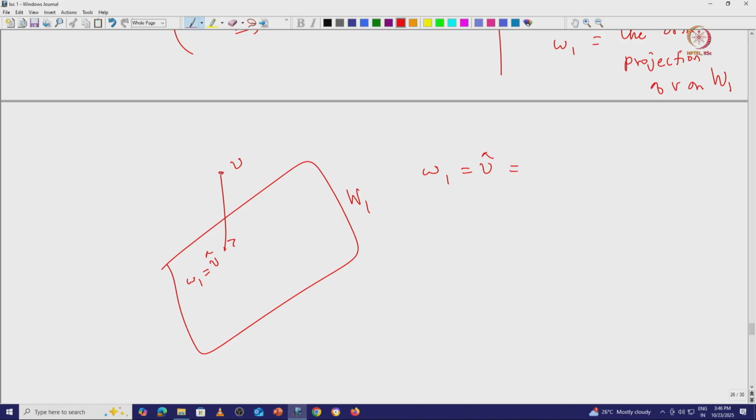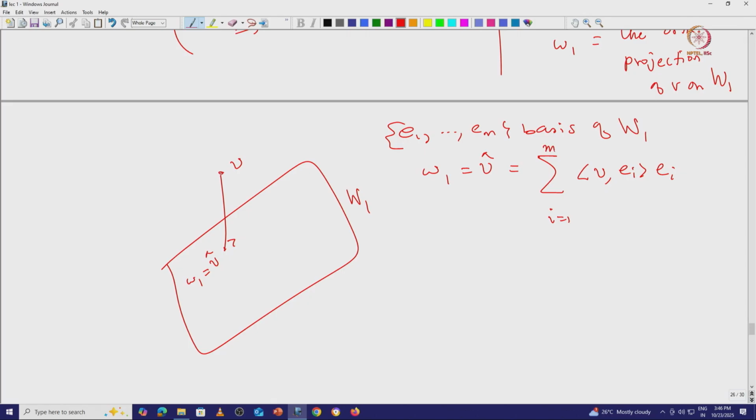How is this v hat defined? You simply use an orthonormal basis of W1 and write down v hat in terms of that. So, take e1 through em, which is a basis of W1. Then v hat is given by the sum of the inner product of v and e_i times e_i, i ranging from 1 to m.